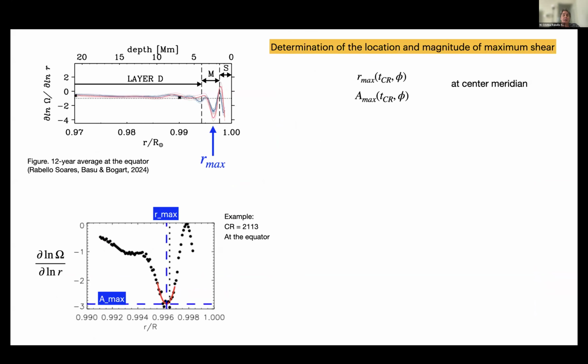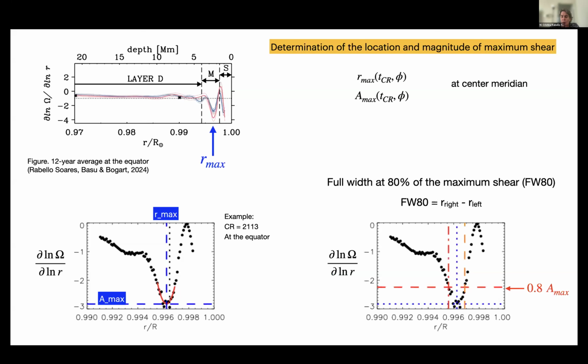So for each latitude and time, I fit and find the location of the minimum and its amplitude, and I also try to measure some kind of width of this layer. So I arbitrarily chose to use 80% of the maximum, and then find the left and right locations where the shear is equal to 0.8 of the maximum value. And so the difference would be what I call the width. So it's a way to see how the width varies over time and with latitude.